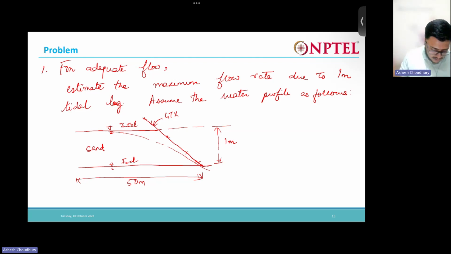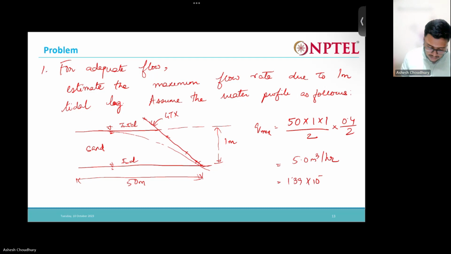So we have Q max as 50 into 1 into 1 by 2 average, times 0.4 by 2, where 0.4 is the porosity and 2 is the time in hours. They are calculating this as 5.0 meter cube per hour, and this comes out as 1.39 per second.